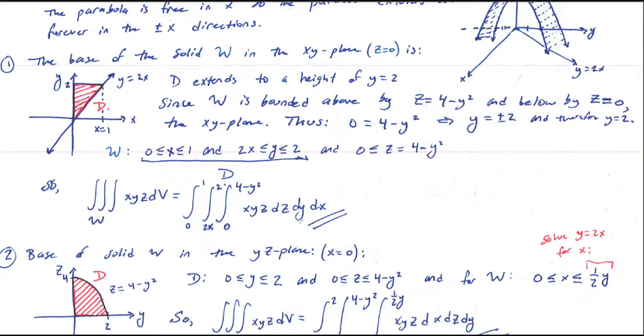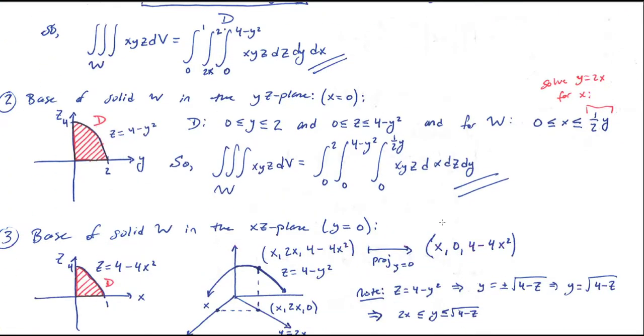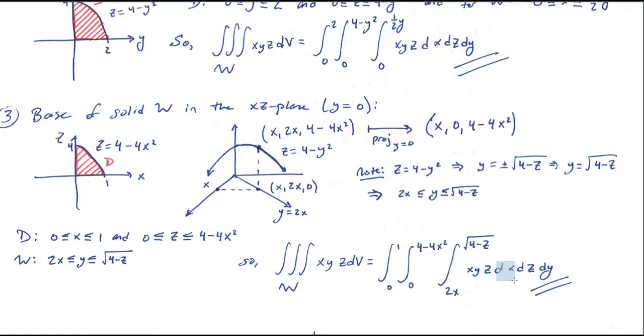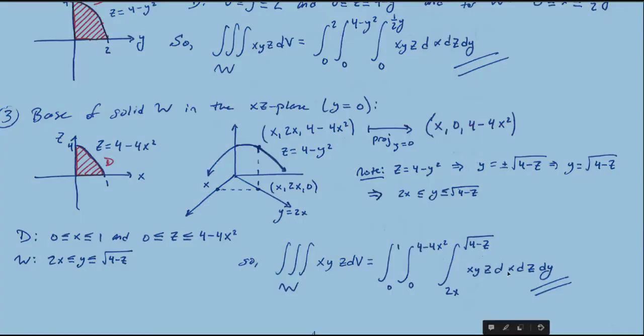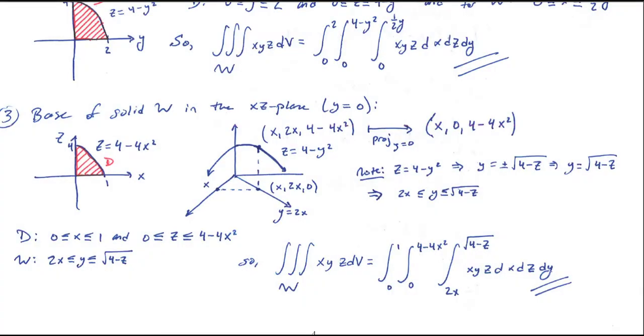That needs to be corrected. dz, dx, this should be dy, then dz. Or excuse me, dy, then dx. I'll have to correct that. It doesn't make any sense to have a dx here and then have x's here. So that's just a little typo. dy and dx need to flip on this integral here.